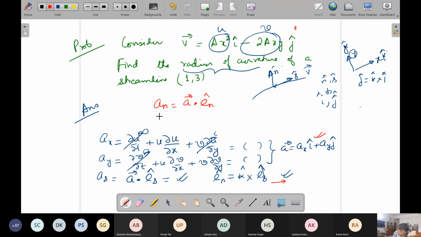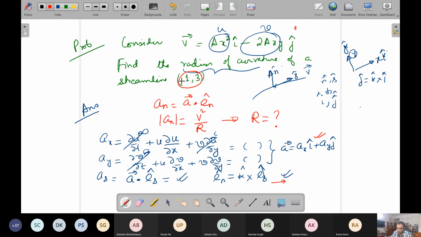So you get a_n, and the magnitude of a_n is simply V squared by R, where R is the radius of curvature of the streamline. From here you can find the value of R locally by substituting x, y as 1, 3. It's not a very difficult problem, no doubt about it, but it's not trivial or straightforward either.